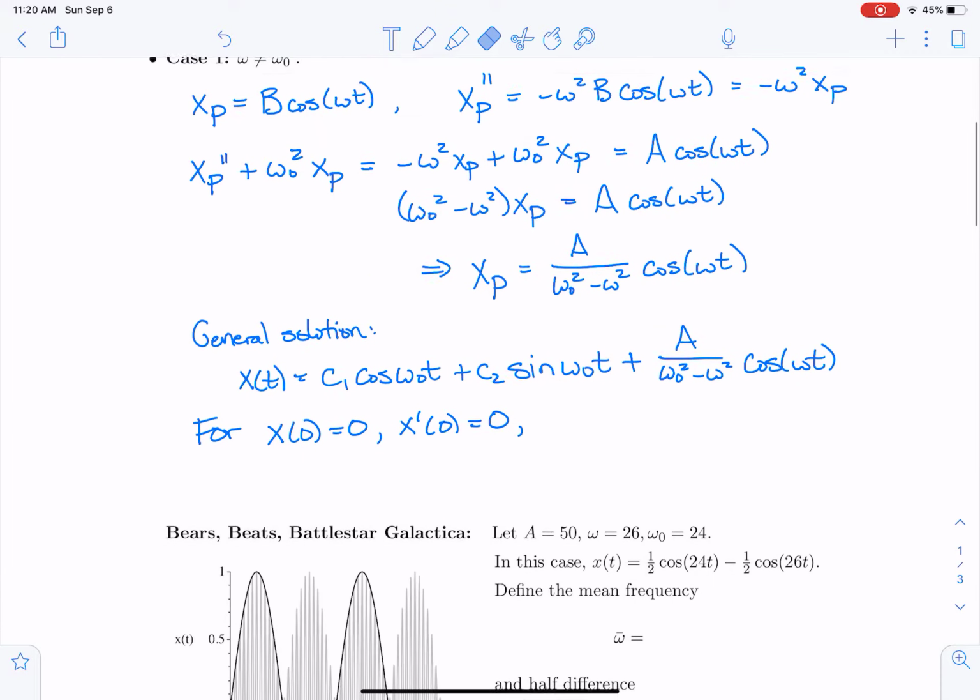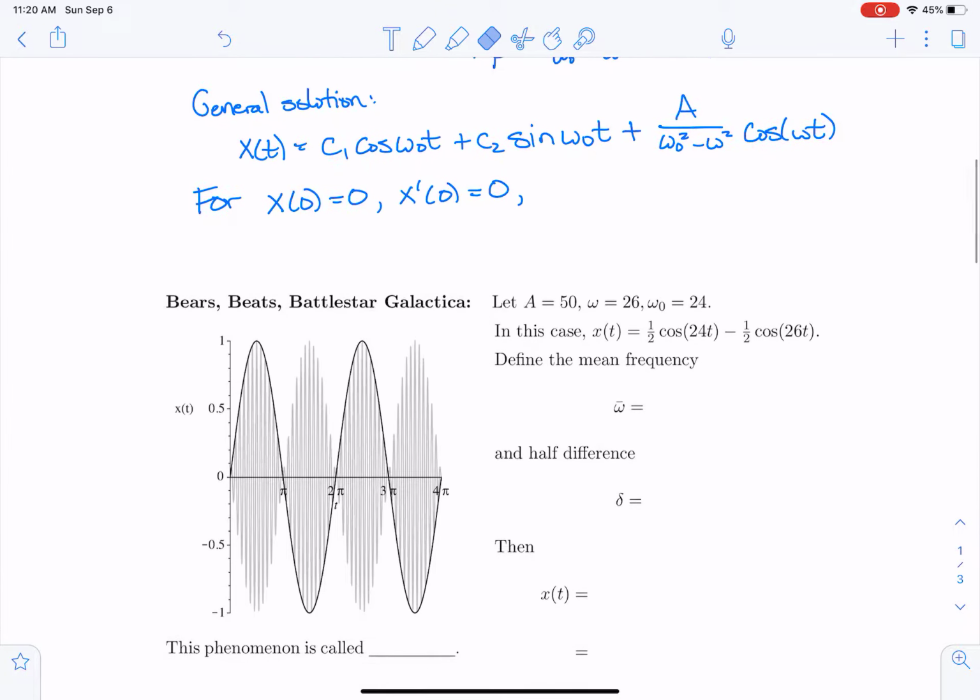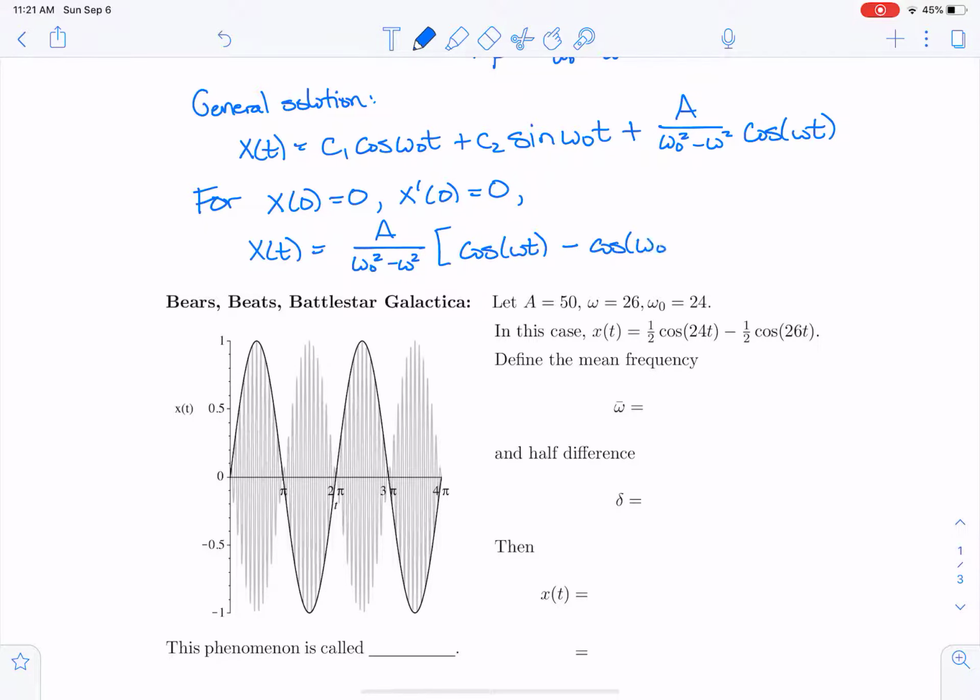In that case, you can solve for the constants C1 and C2. What you will get is a solution that looks like A over omega 0 squared minus omega squared times cosine omega t minus cosine of omega 0 t.